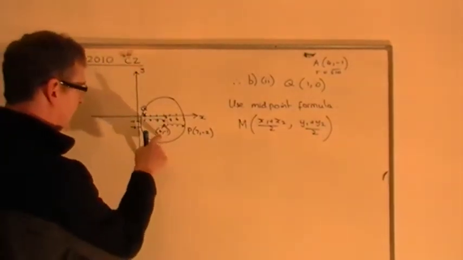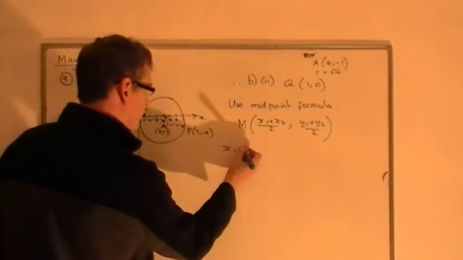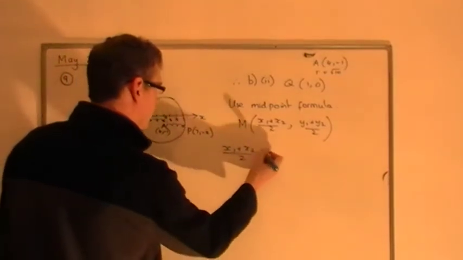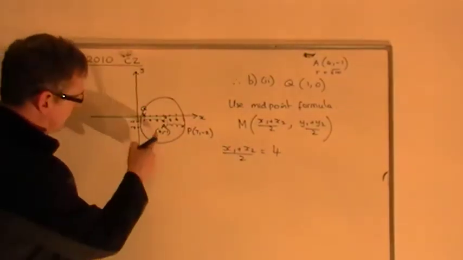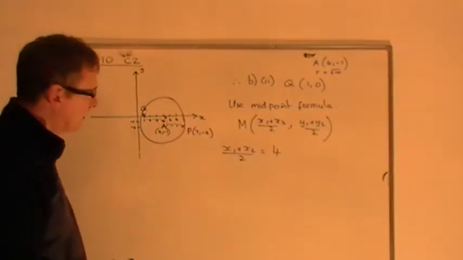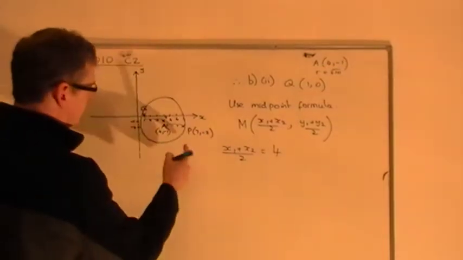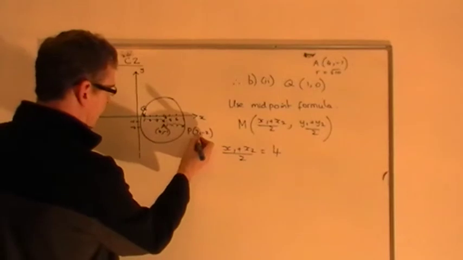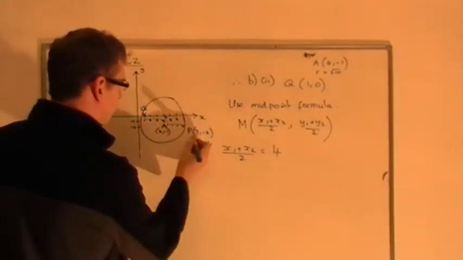For A, I know what the x-coordinate of the midpoint is. So I know that (x1 + x2)/2 is equal to 4. Because I know what the midpoint x-coordinate is. x1, well, I could call the x1 the 7 of the point P. So that could be (x1, y1).